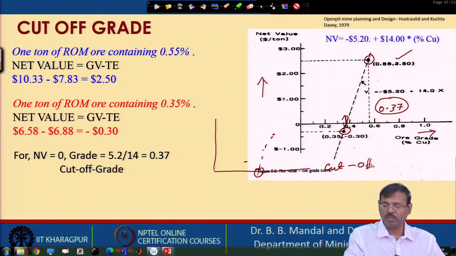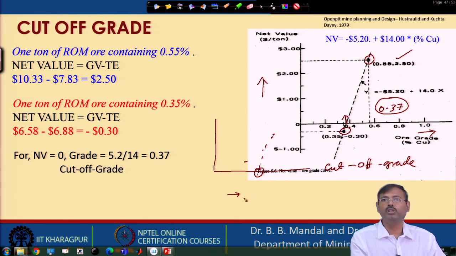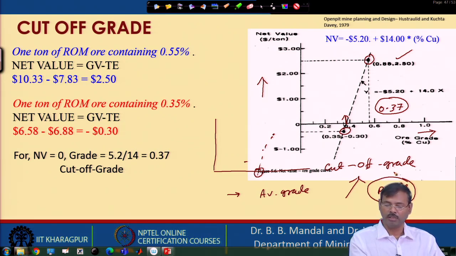One thing is very important to consider here: cutoff grade is the grade below which we do not mine, because it leads us to a loss. But if we carry out mining at the cutoff grade, it does not give us a profit either. So, the average grade of mining is always significantly higher than the cutoff grade, so that we can have a good profit in the process.